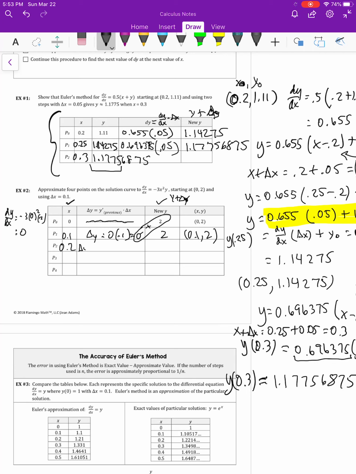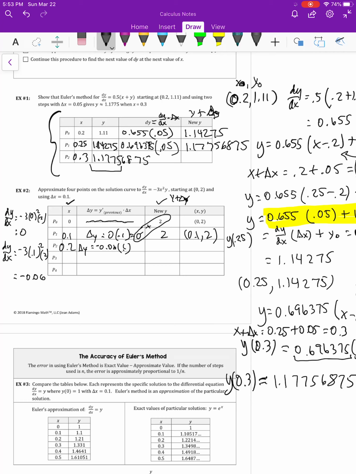And then you increase x by 0.1. And then for your delta y for this next one, you've got to find your dy dx for the previous point. So it's going to be negative 3 times 0.1 squared times 2. That one is going to give you negative 0.06.